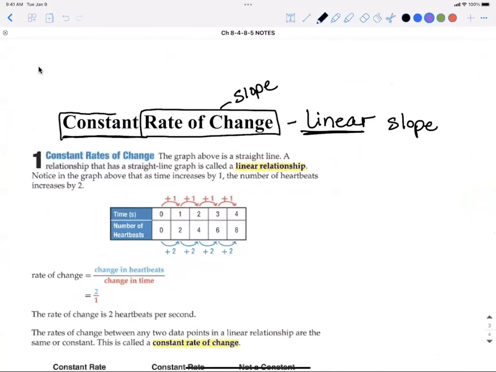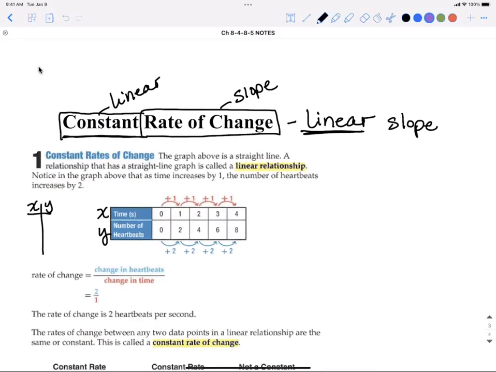And the word constant, we just said means linear. Okay, so make sure to put that in your notes. So that means that every time, and these are your X's, we've already talked about this, these are X's and these are Y's. Anytime you're looking at a table, if it's running long ways, X's are on top, Y's are on bottom. If it's running this way, X's are always on the left, Y's are always on the right.